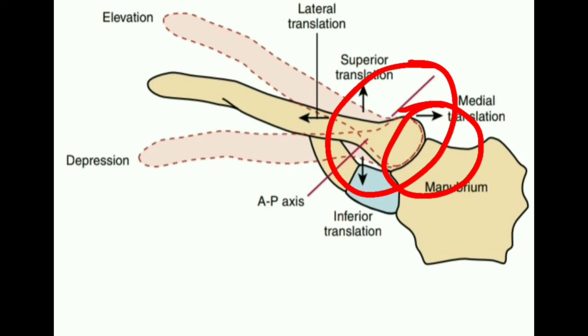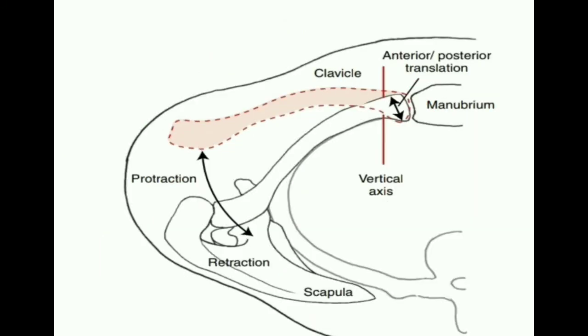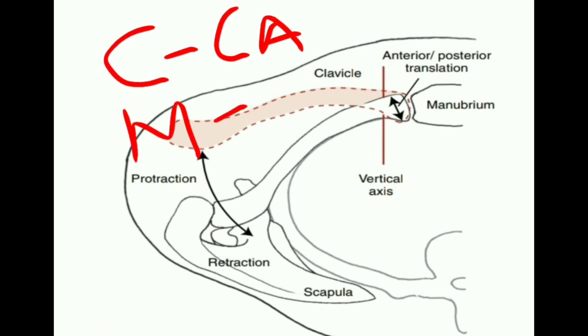Right? So here there is a little bit of change. Here the clavicle is concave and the manubrium is convex.